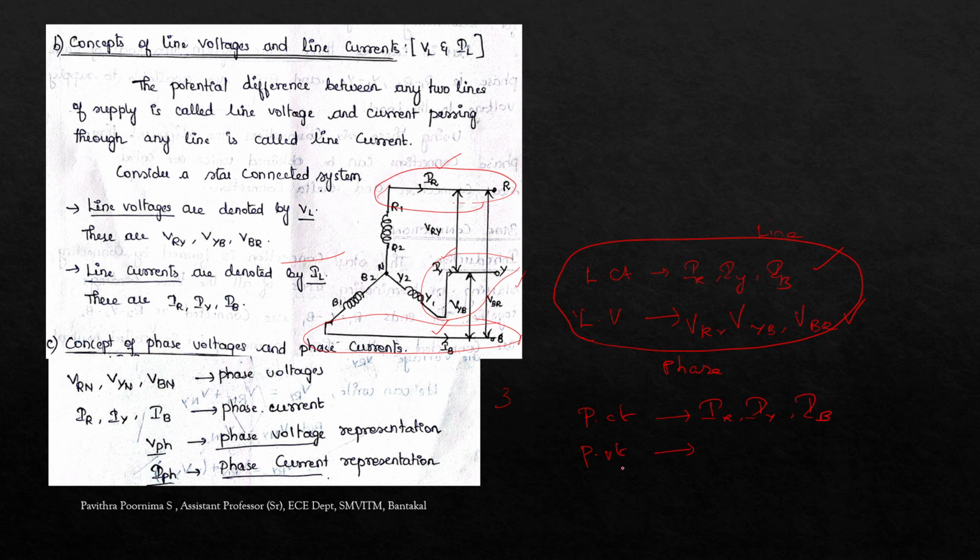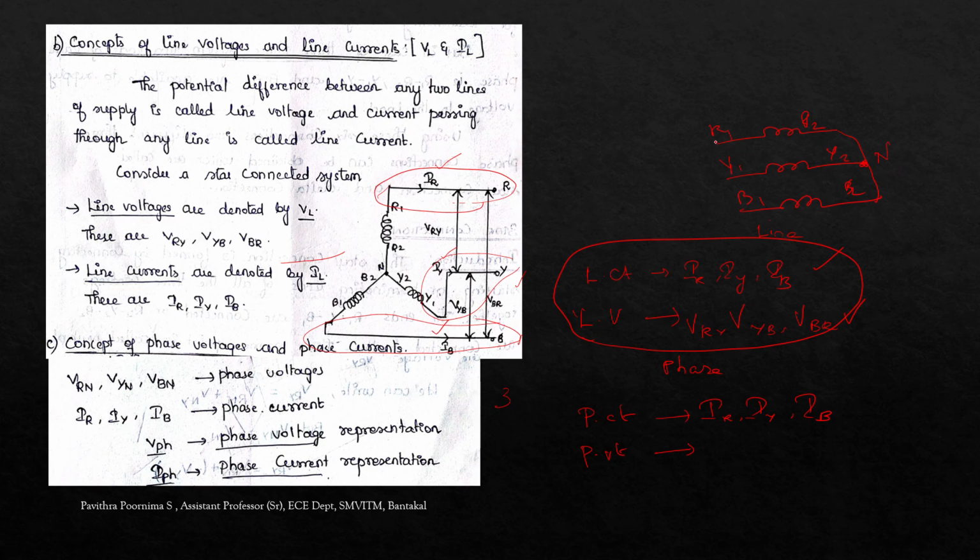And next, what are the phase voltages? We have three phases: R, Y and B, with R1, Y1, B1, R2, Y2 and B2. How are they connected? All are connected to the central point called neutral.